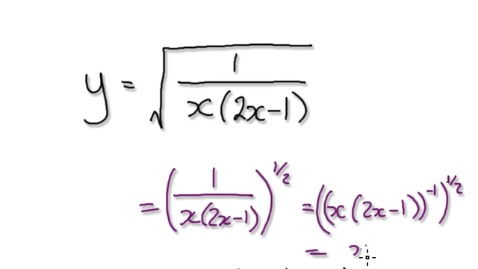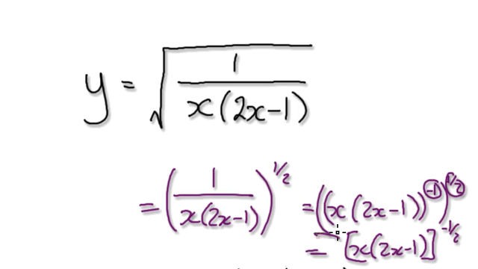So that equals x(2x minus 1), all to the power of negative a half, because you get this times this.